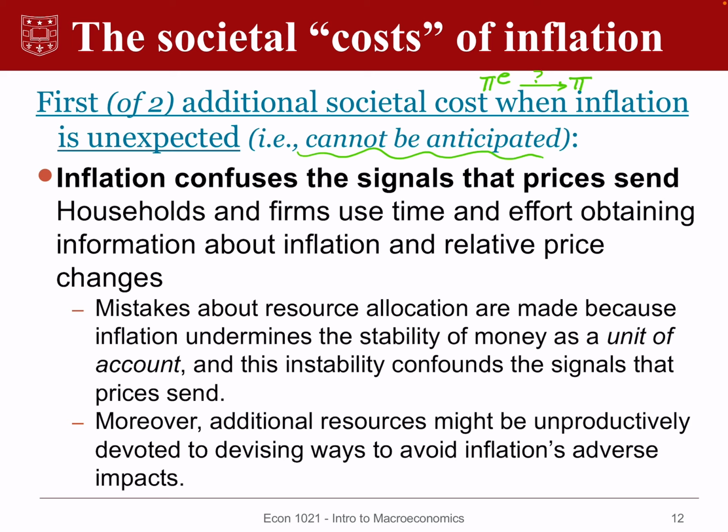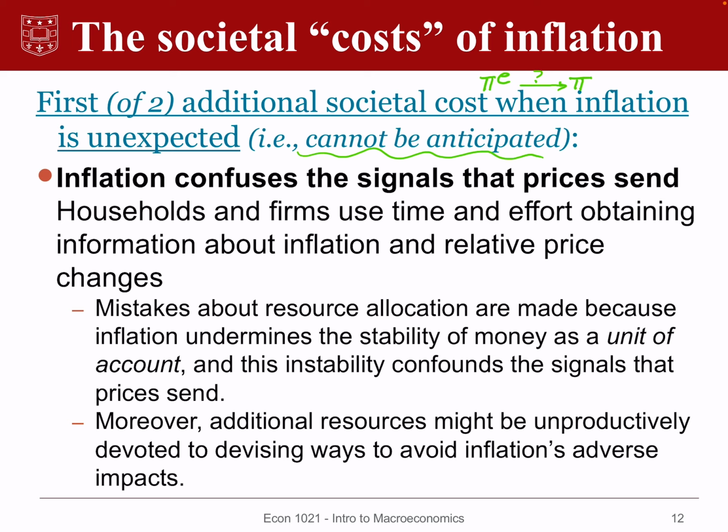Now, suppose you don't know what's happening to prices overall, and you observe that your firm's output price rises by 4%. Well, you have to ask, did all prices rise by 4%? If that's the case, then there's no relative change in the desirability of your firm's product, and you shouldn't allocate any more resources to producing it.